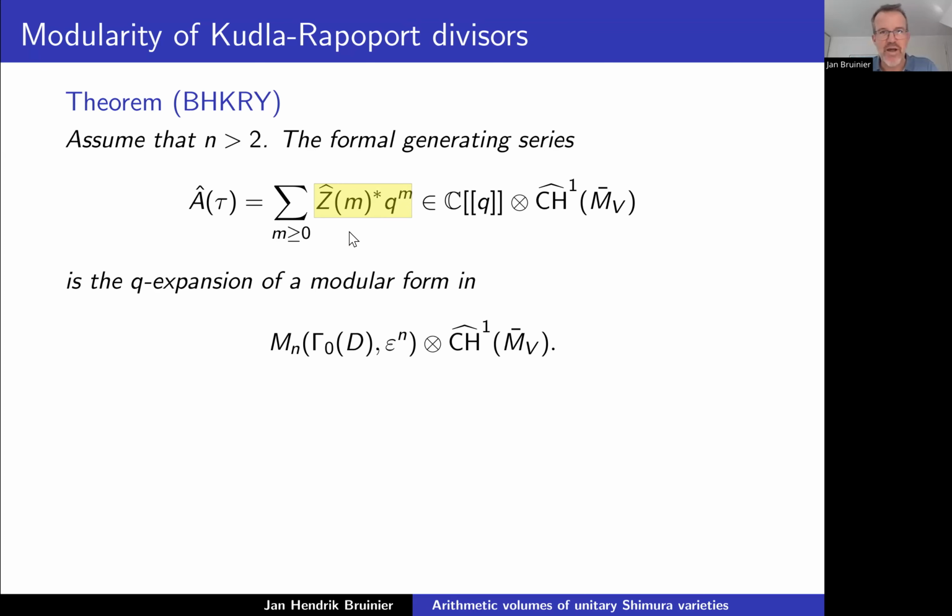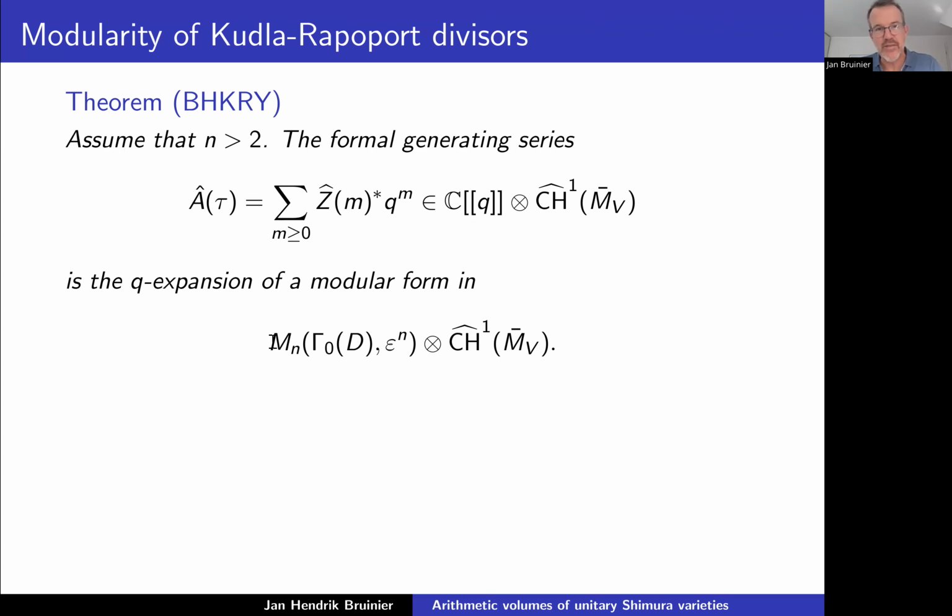So a priori, this is a power series and it has coefficients in the first arithmetic Chow group of this unitary Shimura variety. And the result that Ben Howard, Steve Kudla, Michael Rapoport, Tonghai Yang, and I proved about this generating series is that it's actually the q-expansion of a modular form.